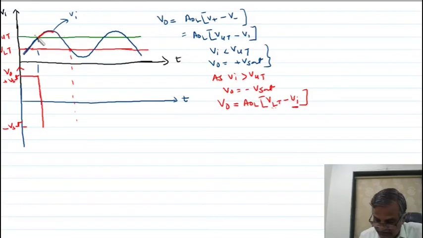So during this, look here, this VI is more than VLT, so my output up to this time will be negative. As VI becomes less than VLT, then output becomes positive.